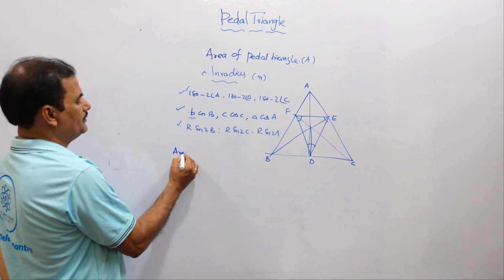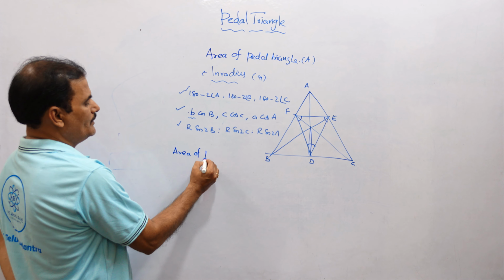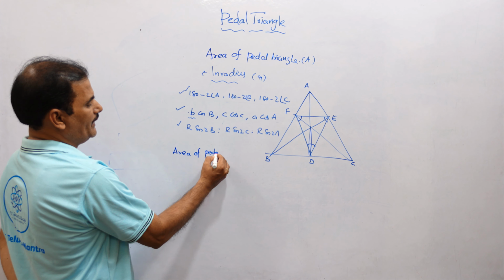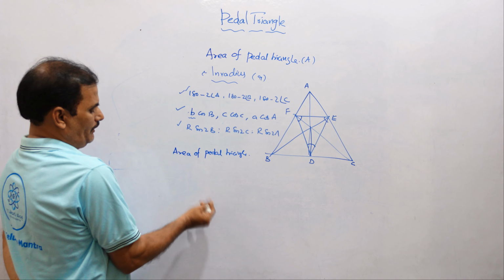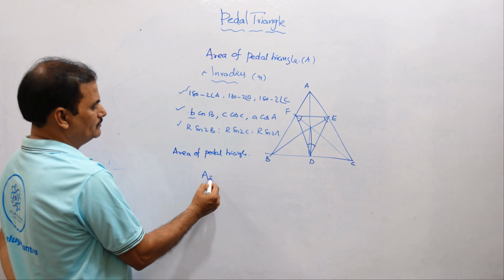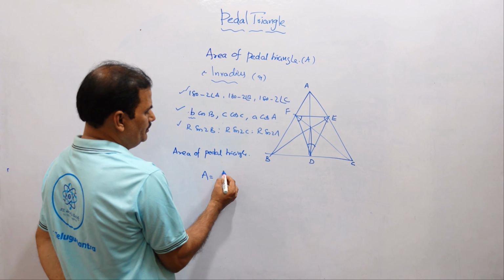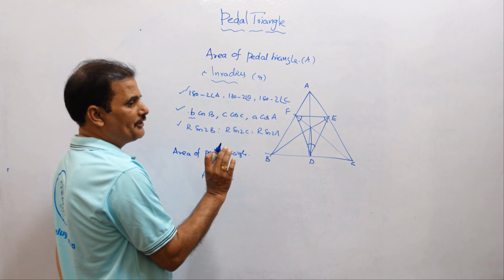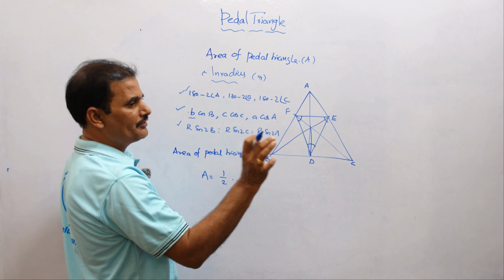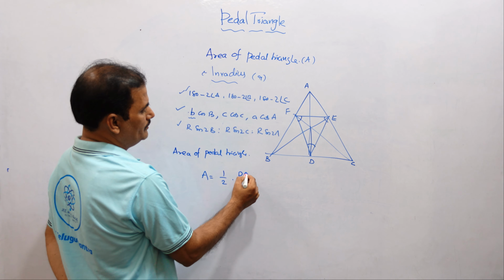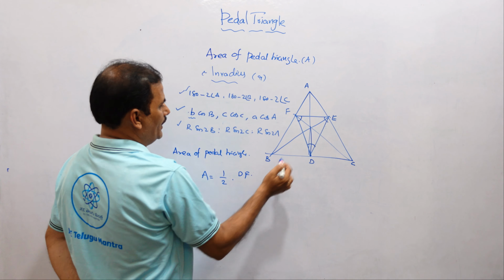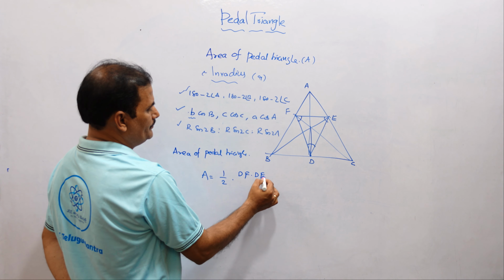See here, area of the pedal triangle, capital A, is equal to half into one side into another side into sin of the included angle. Here I wrote DF as the first side and the second side is DE.